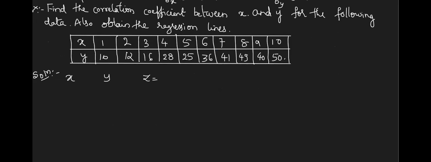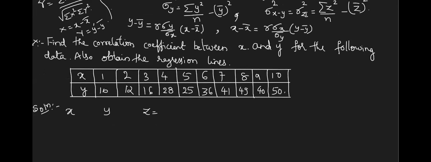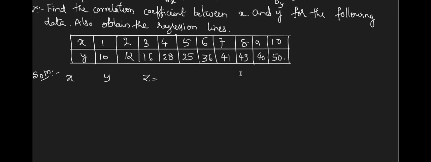What is the relation of this z with x and y? Just observe what we have taken as z. Z is nothing but x minus y. So after x and y, take a column for z, which is the x minus y values. Next, your sigma square x and all depend on x square. I want the summation of that value.